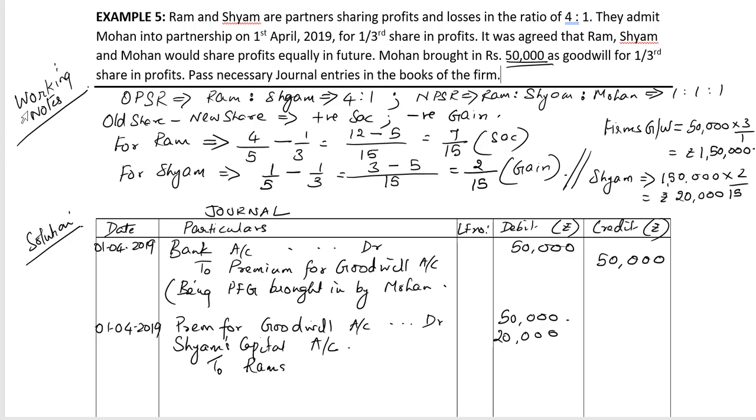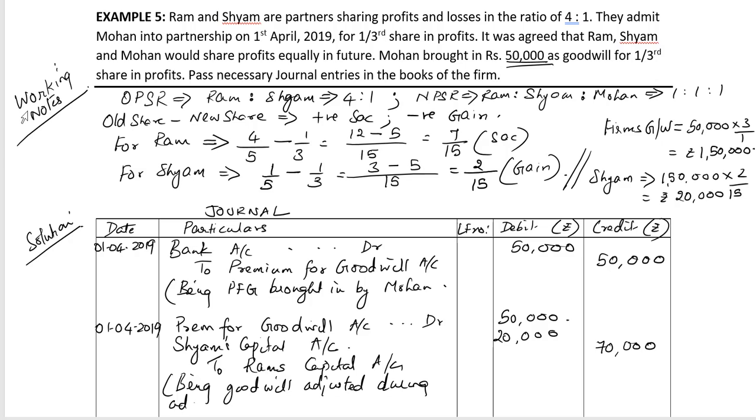to Ram's capital account, the total 70,000, because he is the only person who is sacrificing. Being Goodwill adjusted during admission of Mohan.